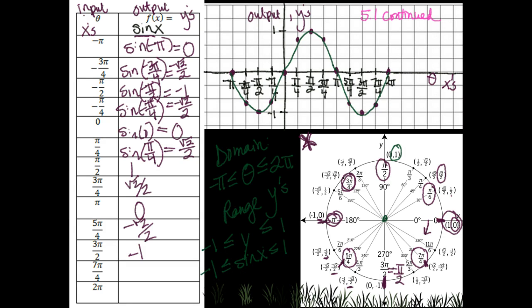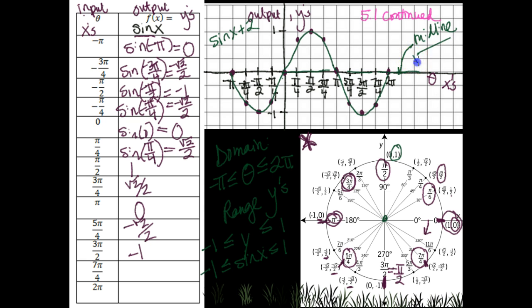A couple of other things I want to point out, because this is like a preview to 5.2. See how everything is centered around, in this case, the x-axis. So you can say that this is like the midline. I'm going to be using that word a lot. So the midline, and this is a preview, if you wanted to bump sine x up 2 units, your midline would change.